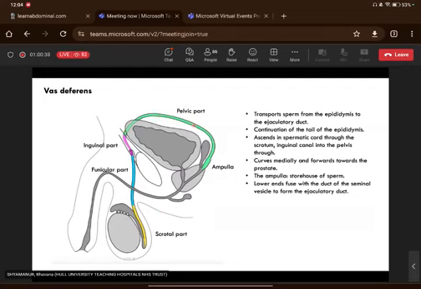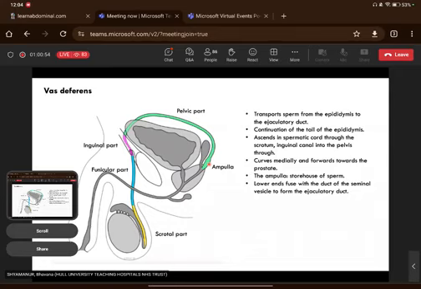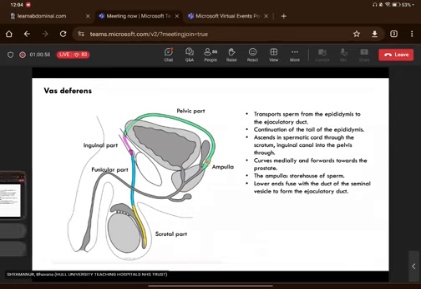Both vas deferens converge in the center, then move forwards and downwards, where they join up with the excretory duct from each seminal vesicle to form the ejaculatory duct. The ampulla is a small dilated segment at the very distal part of the vas deferens, and that's essentially the storehouse of sperm.